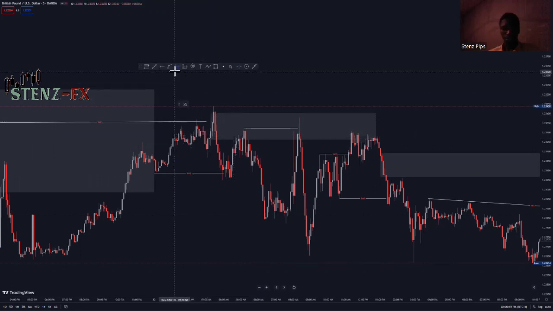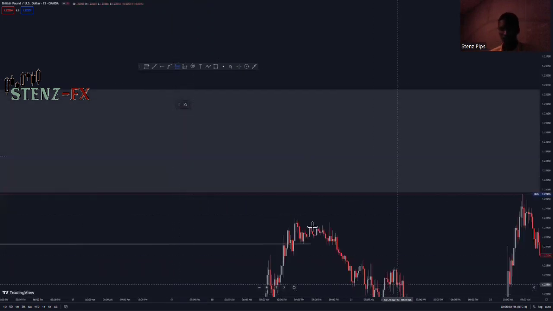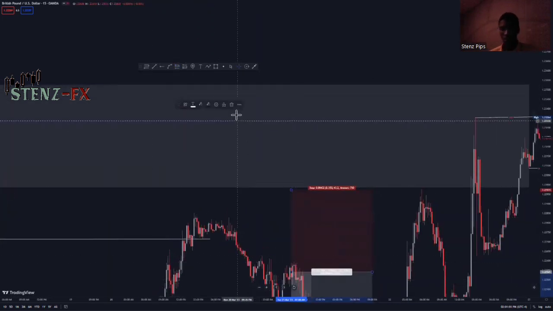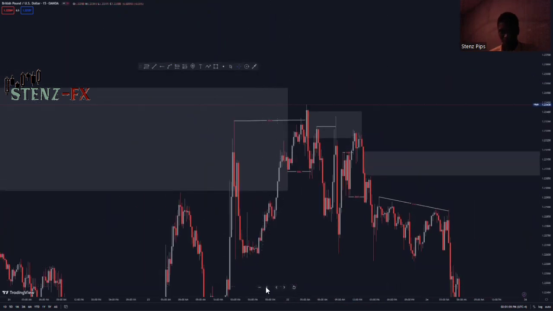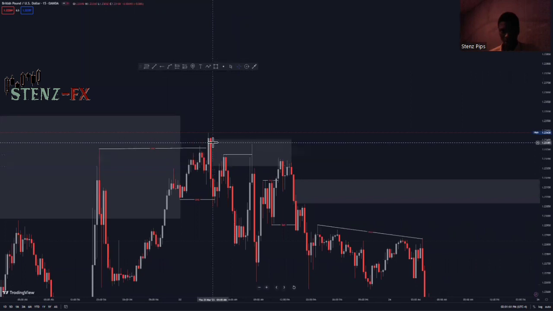First, let me scroll down to the 15 minutes to show you something. On the 15 minutes, you can see this big bearish order block that broke structure. You see the blue bearish order block. So that is why I got in from here. It tapped into the order block. This impulse you see here was news.